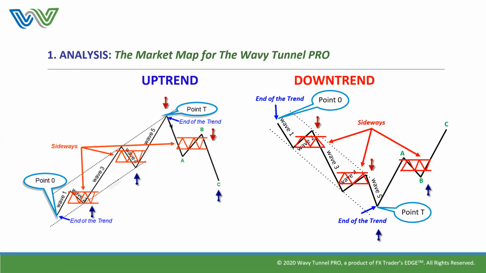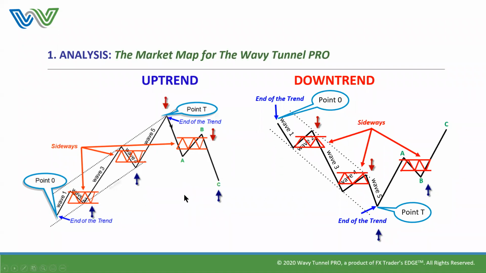It really depends on what your time frame is and how you're trading. So if we start on the left with the uptrend, I've simply drawn the 8-wave market cycle from Robert Proctor's book. So I've simply started with 5 waves up and then the 3-wave correction.